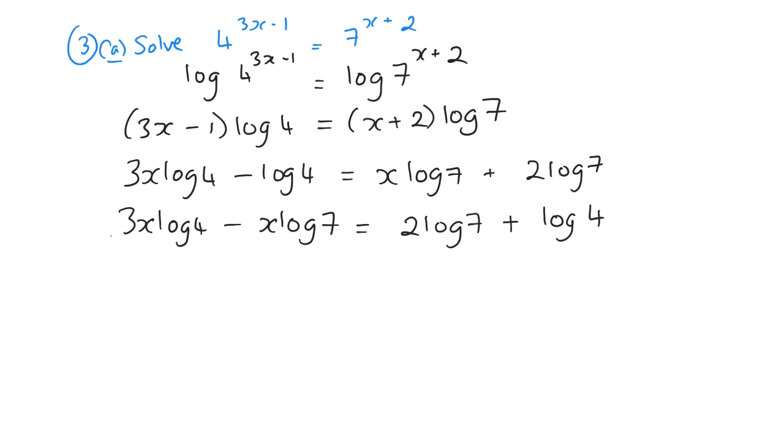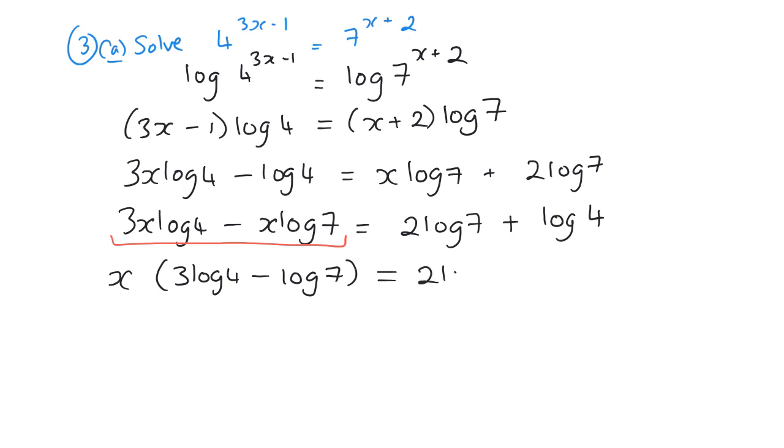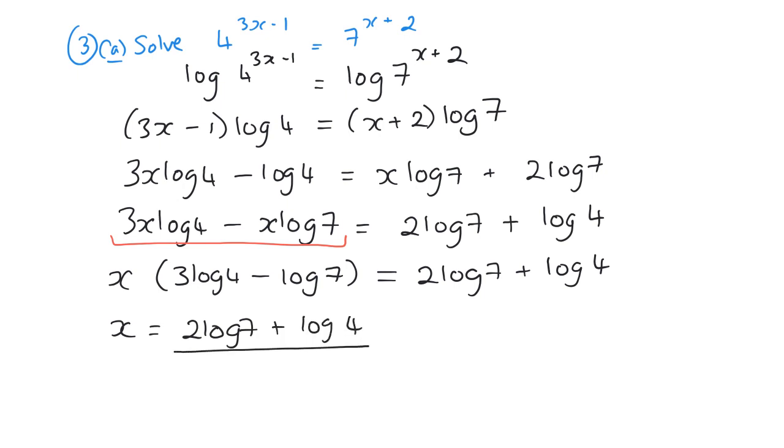Now on the left-hand side, I want to take x out as a factor. So in the brackets, I'm left with 3 log 4 minus log 7 equals 2 log 7 plus log 4. And now I'm going to divide 2 log 7 plus log 4 by our bracket of 3 log 4 minus log 7.